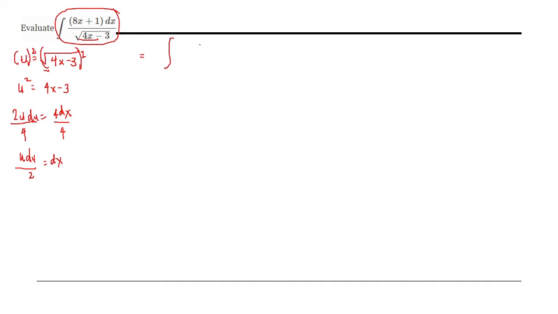Substitute the values, so that's 8x plus 1, it's what? So 8 times the value of x is, from this equation we can get x: 4x is equal to u squared plus 3. Divide both sides by 4 so that everything will be in terms of u.